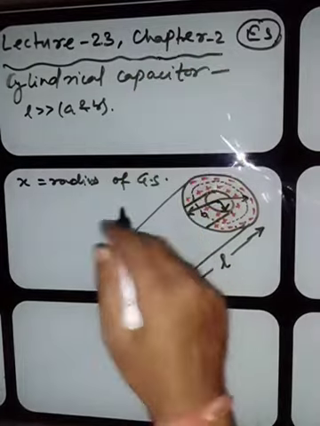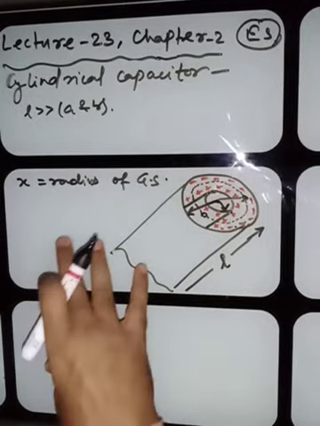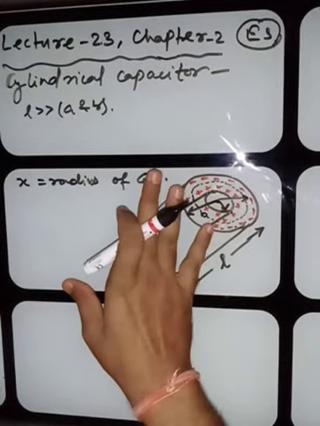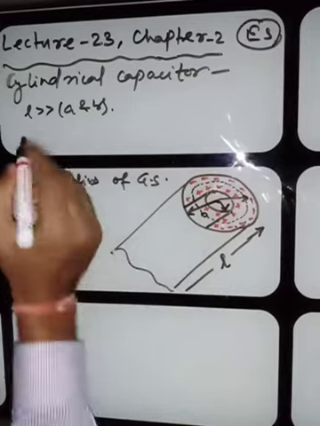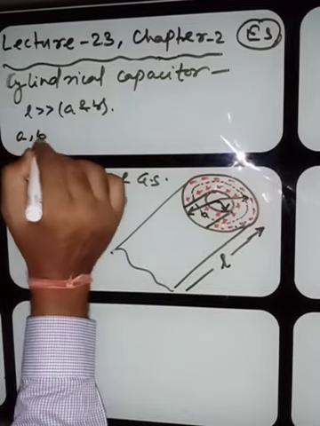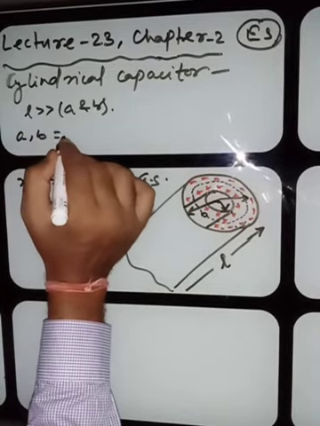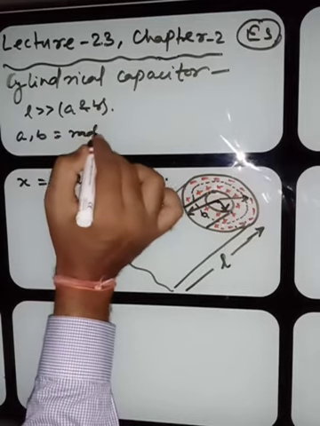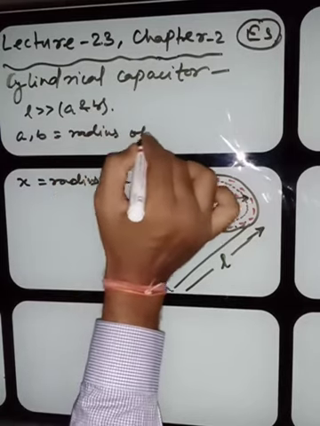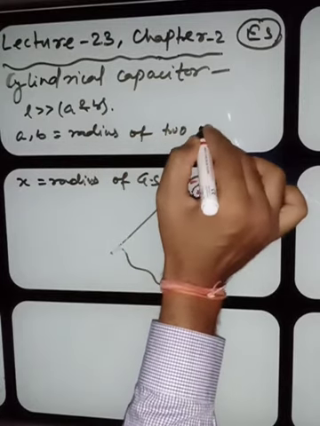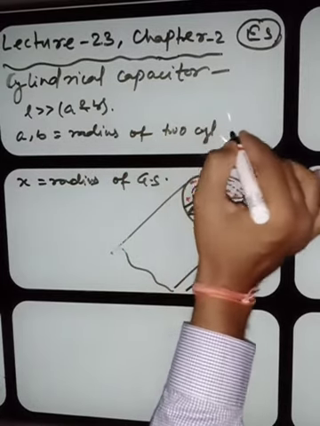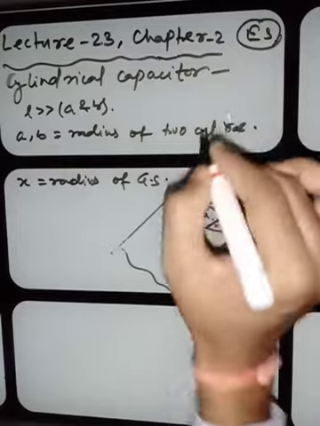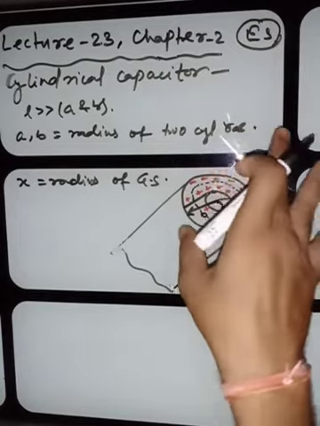Now, my dear students, the first step is to find the electric field. I hope you remember A and B are the radii of the two cylinders respectively.